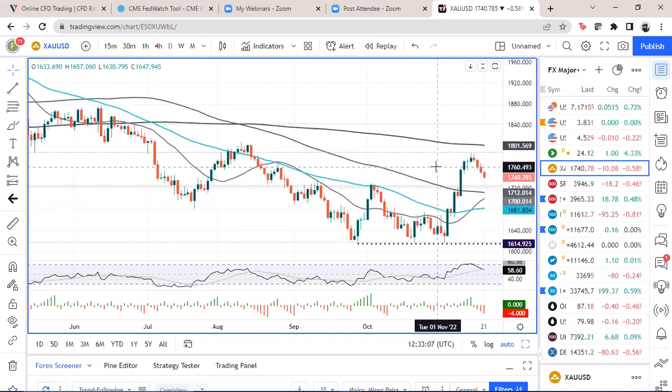But technically, upside is capped by the 200-day moving average at 1801, and then we've got this level of support around 1725, which are a couple of fib levels that we've got in here for gold.